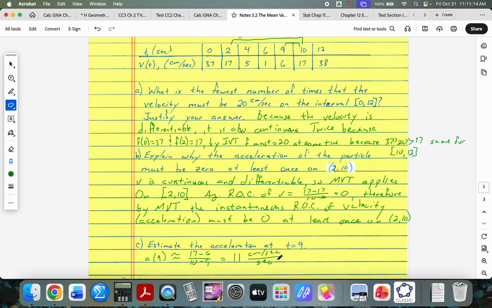And so the best one at time 7 would be the average rate of change on the interval from 6 to 9. It's a good question.